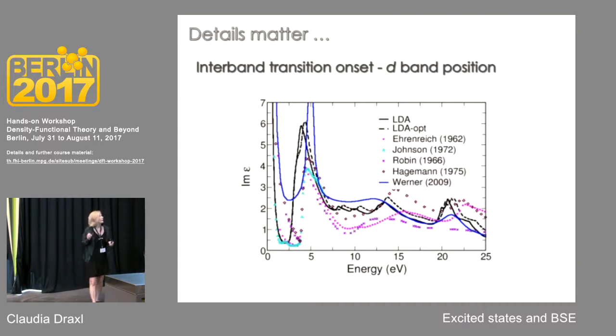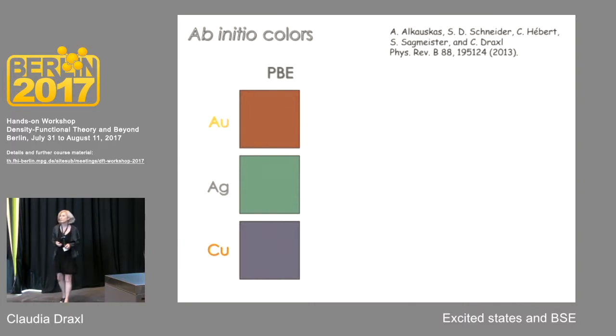However, they agree in one thing, and this is where theory fails, namely the absorption onset in the experimental spectra. Theory underestimates this absorption onset compared to experiment, and of course this is the visible range, and that's why it gives you completely wrong colors.